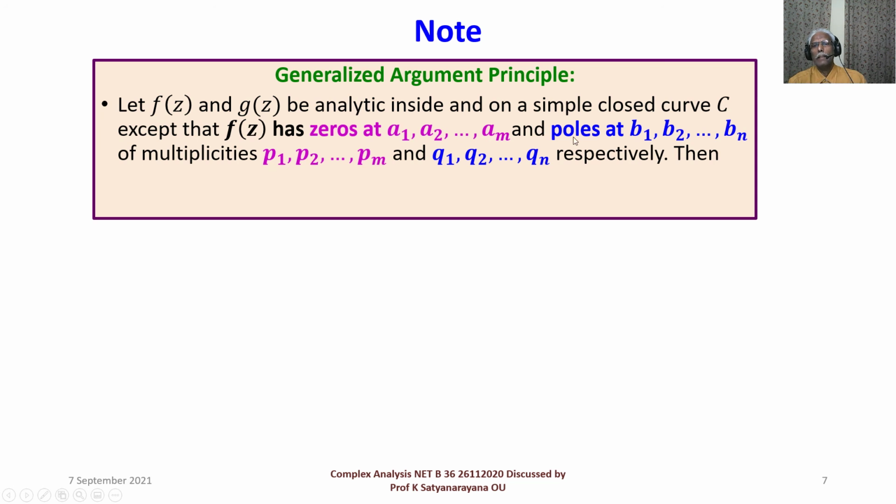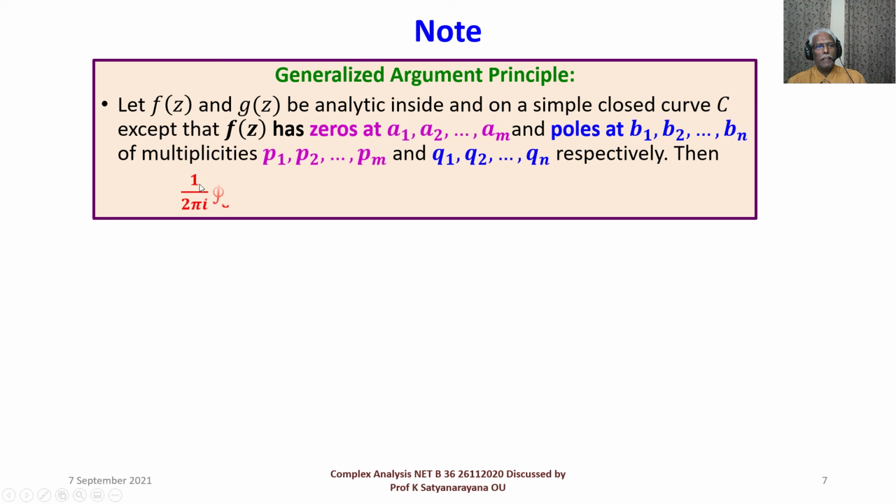M zeros are there, and n poles b1, b2, bn, and the multiplicities of the zeros are p1, p2, pm respectively, and the multiplicities of the poles are q1, q2, qn respectively. That means b1 is a pole of order q1. That's what it says. And a1 is a zero of order p1.